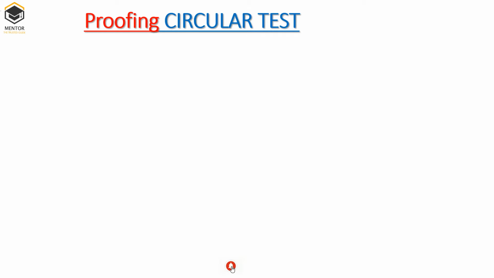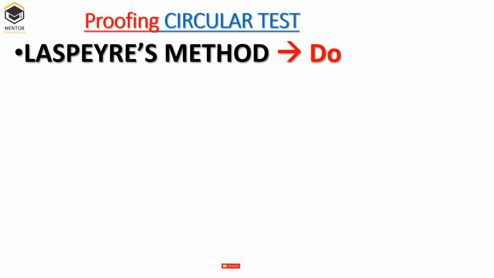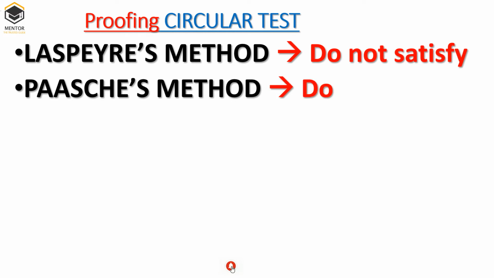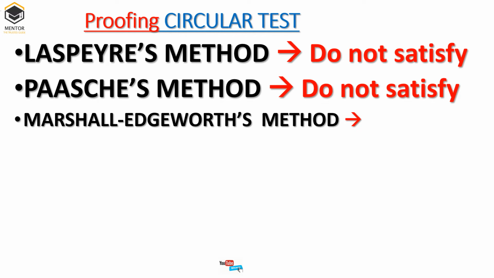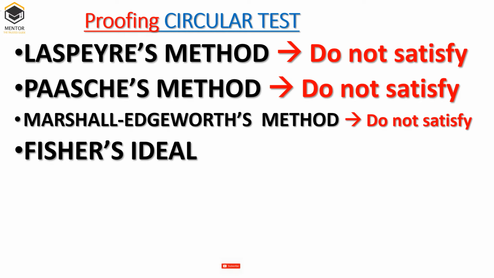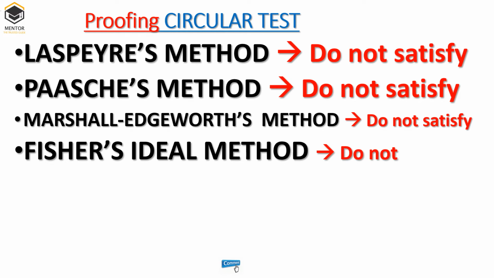Let's see which formulas satisfy the circular test. Laspeyres method is not going to satisfy the circular test. Paasche method is also not going to satisfy it. Marshall Edgeworth method is not going to satisfy it. Fisher's ideal method is also not going to satisfy the circular test.